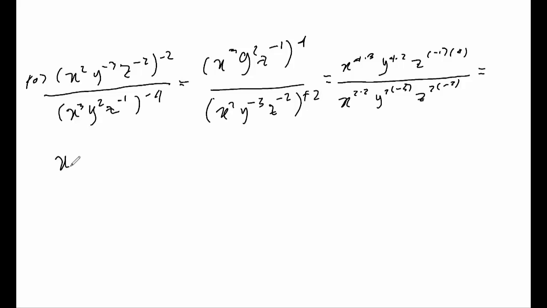So here I have x to the 12th, y to the 8th, z to the -4, divided by x to the 4, y to the -6, and z to the -4.